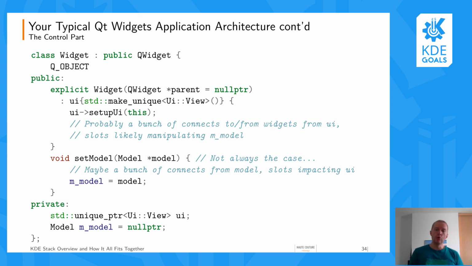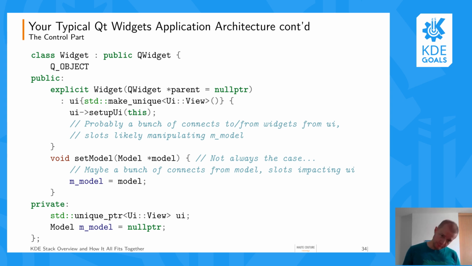In terms of code that would look like this, we would inherit from QWidget for the widget part or control part. We have the Q_OBJECT macro, we provide a constructor, and we create an instance of the view inside of that control part. When we create the UI, we also have to call setupUi on it.